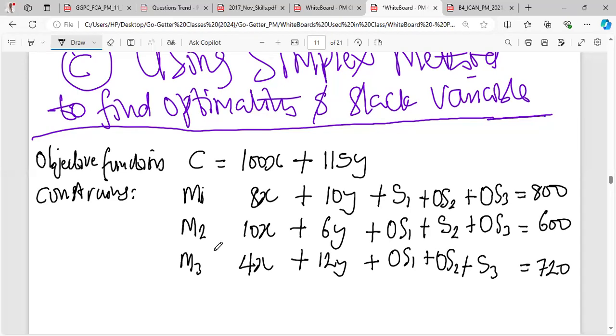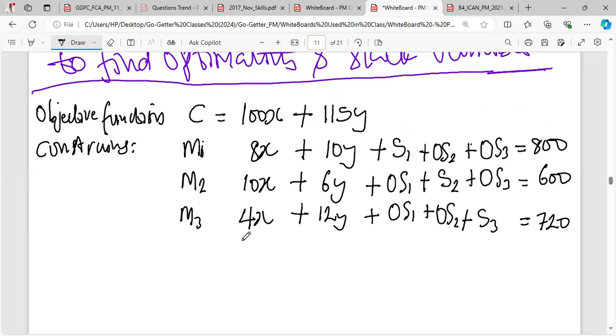Now, the contribution function will also be expressed in that way. So you will rewrite the C here. Now the C will not be the last thing here. So what will happen now is you bring all of these from the right hand side to the left hand side. So if there is 100x, it will become minus 100x, right?